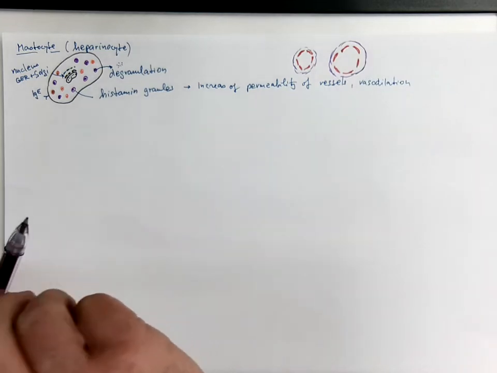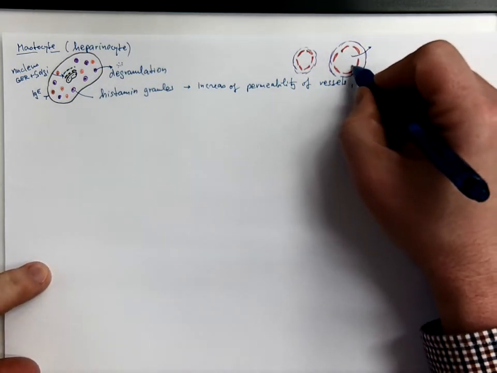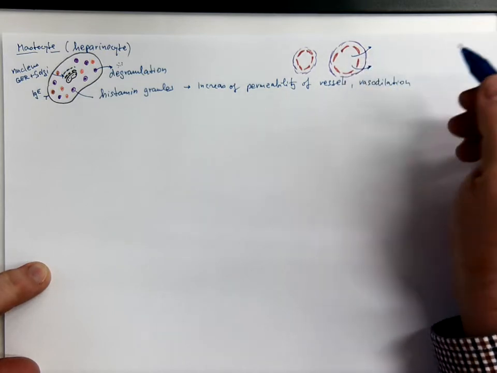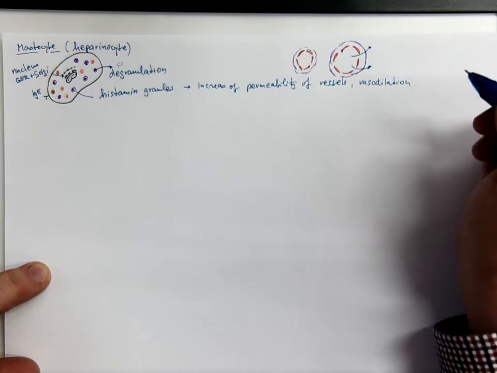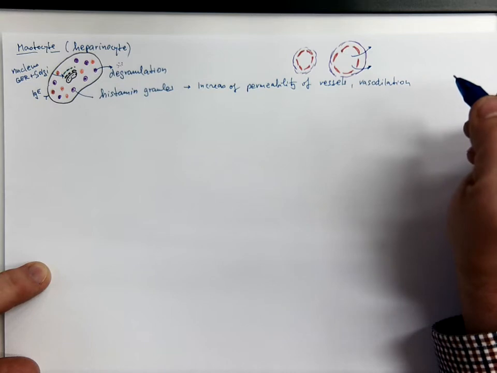Both mechanisms allow more fluid to escape from the blood plasma into the extracellular fluid, causing edema and contributing to various phases of inflammation.